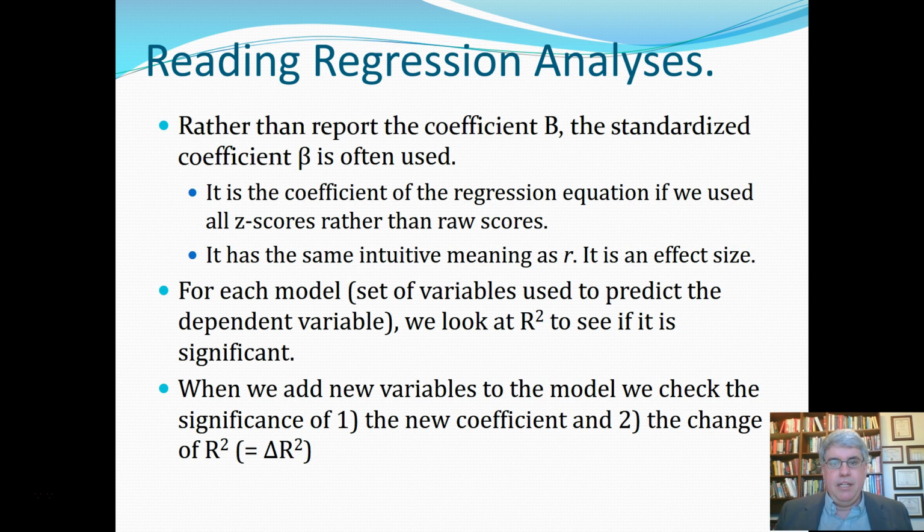If we just compare B's, it depends on what units we're measuring, if we're measuring things in years or inches or things like that. But when we use beta, we can compare the coefficients to see which one's stronger. Now, for what we can do with regression analysis, we can actually try different models where we enter different variables into the equation to see which one gives us the best equation.